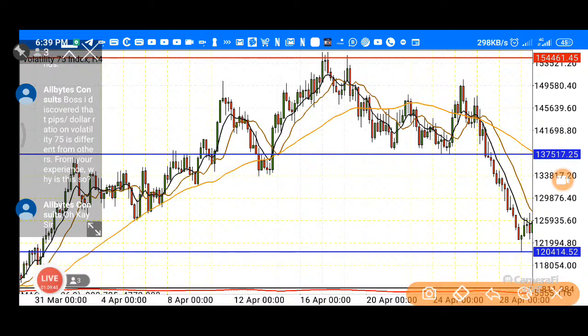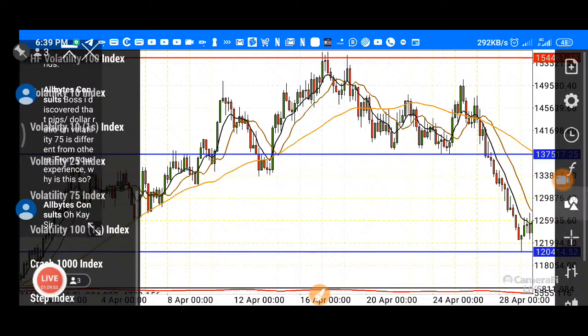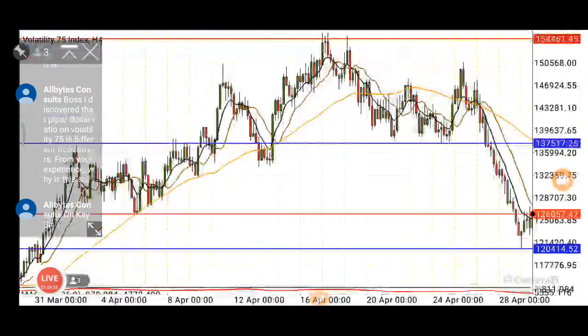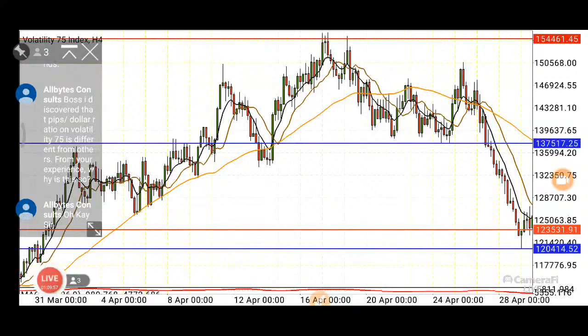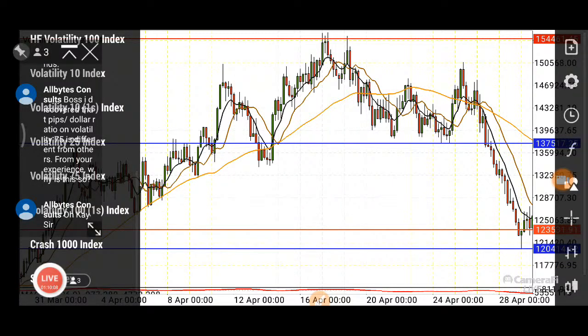See this good bounce. So this is a good opportunity for a buy. So we are buying here now. We buy here immediately after this bounce, and let's look for a possible level to take our profits.